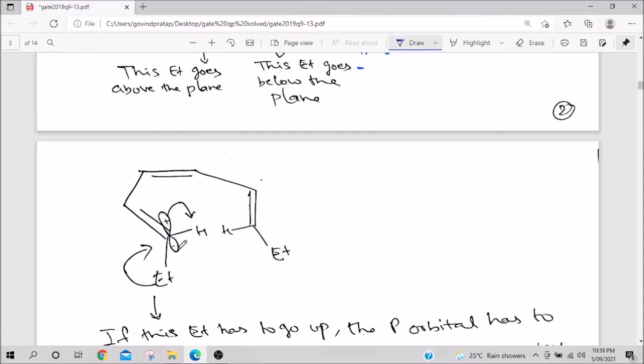Right now, it is on the screen, but what you want is ET to come front and H to go behind. So, you are rotating it like this, or you are pushing the p orbital like that, so that ET comes front, H goes behind, fine.